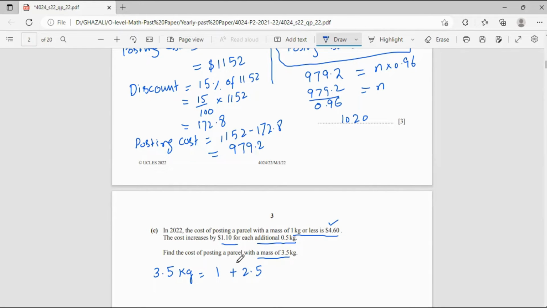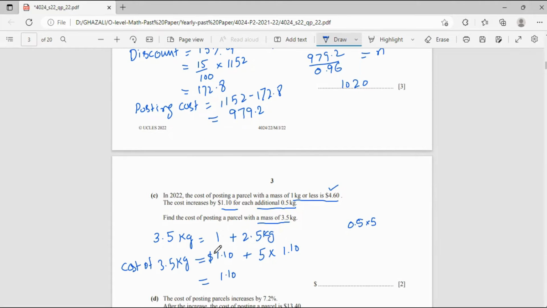Now firstly, we write the 1 kg cost, which is 4.60. Now 4.60 plus 5 multiplied by 1.10, that's equal to 5.5.